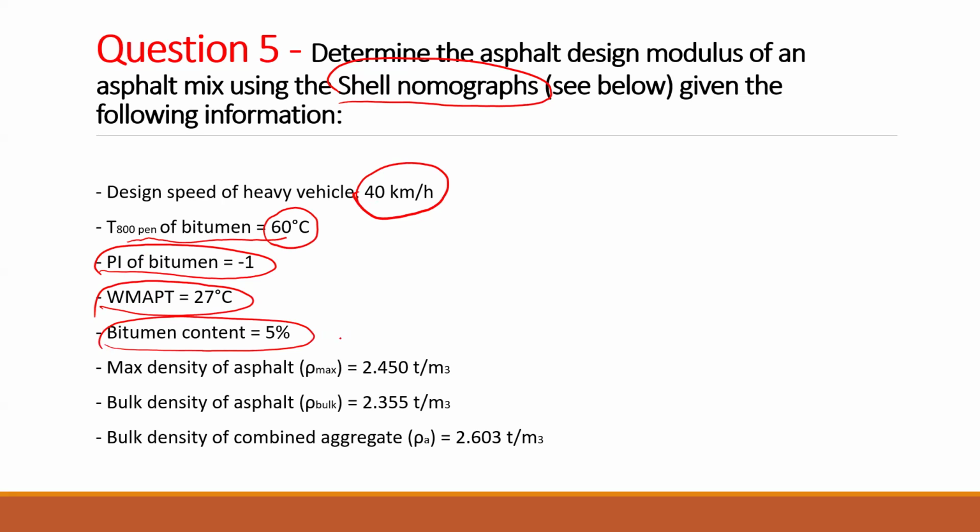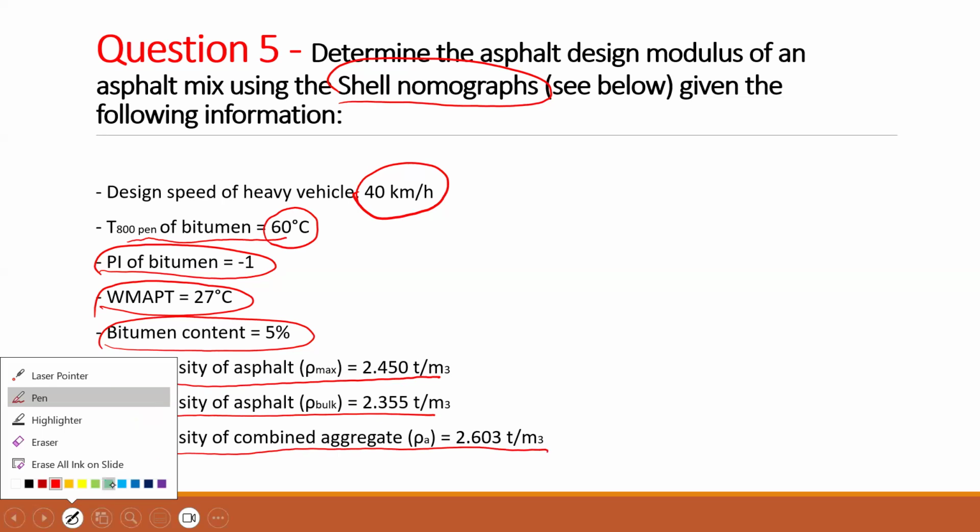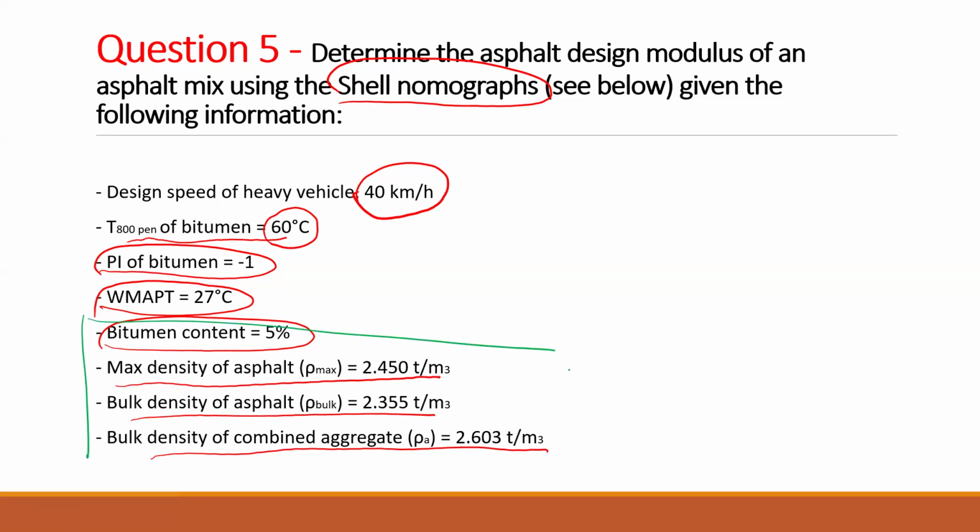The maximum density of asphalt is given, the bulk density of asphalt is given, and the bulk density of combined aggregates is given. You are familiar with all these things. You have already done questions with these.